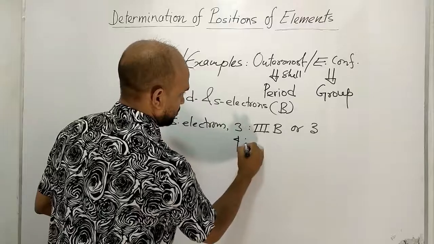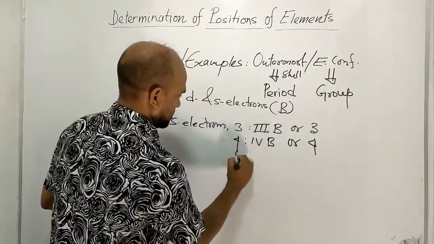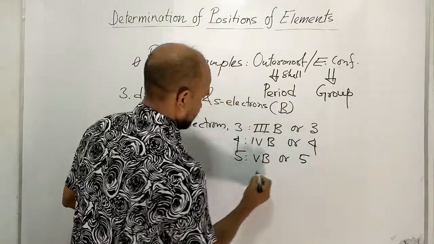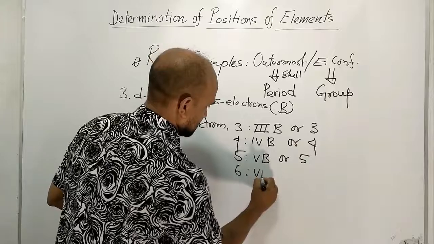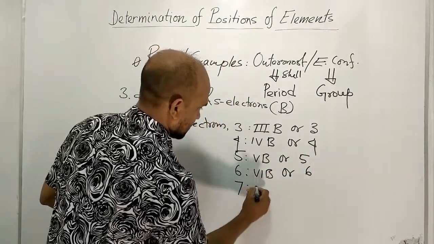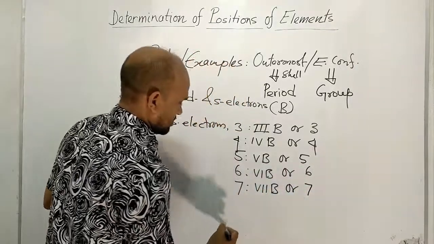If it is 4, then 4B or 4. If it is 5, then 5B or 5. If it is 6, then 6B or 6. If it is 7, then 7B or 7.